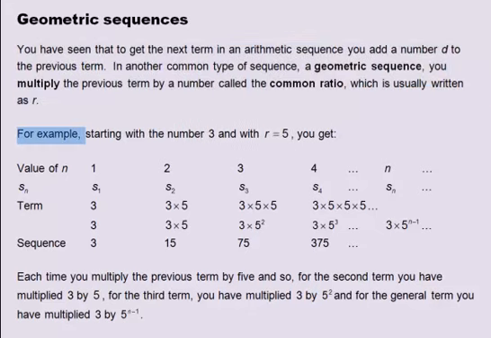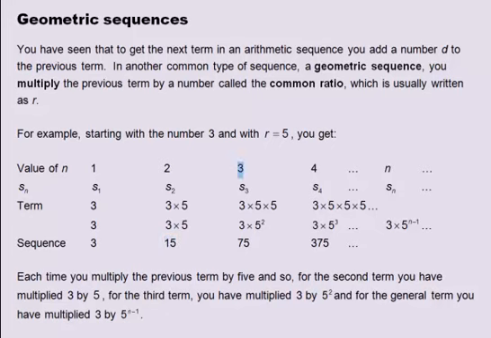For example, starting with the number 3 and with r equals 5, when n is equal to 1, the first term is S1, which is 3. When n is equal to 2, the term S2 is 3 multiplied by 5, which is 15.